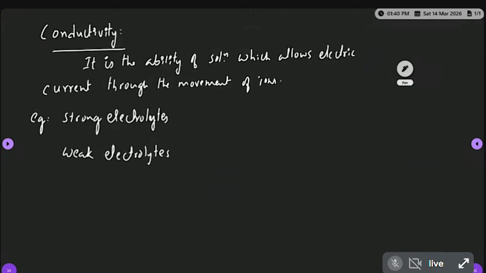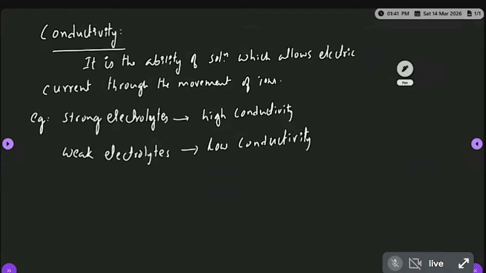Here the strong electrolytes have high conductivity, and weak electrolytes have low conductivity. Why? So there is a reason.